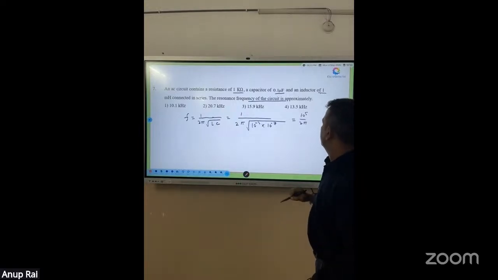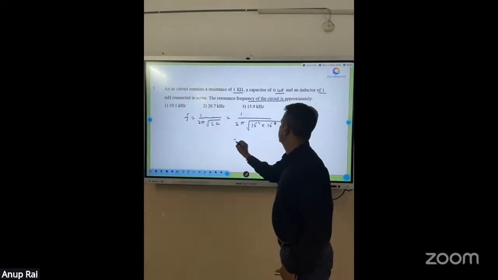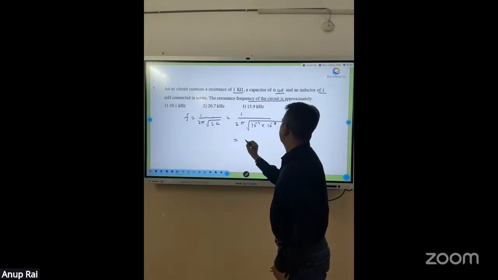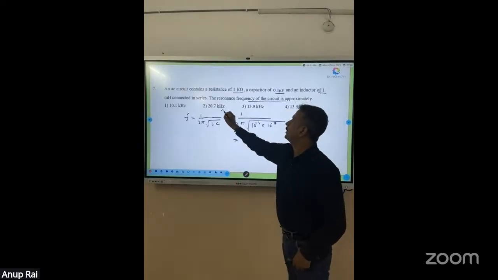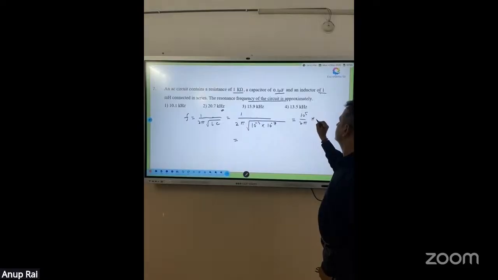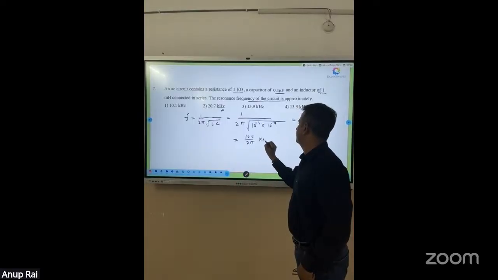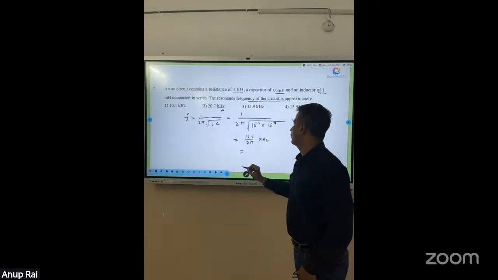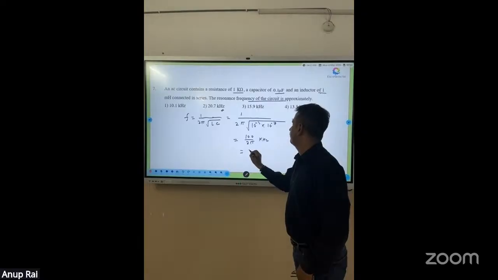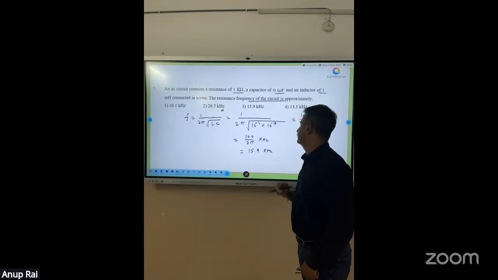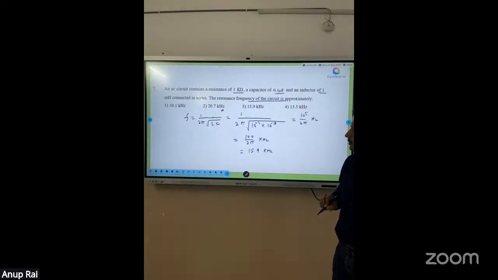If you solve this, I can write it in kilohertz, as they are reporting in kilohertz; this is going to be in hertz. So you can convert like this: 100 divided by 2 pi kilohertz. And if you solve this, it will become 15.9, right?